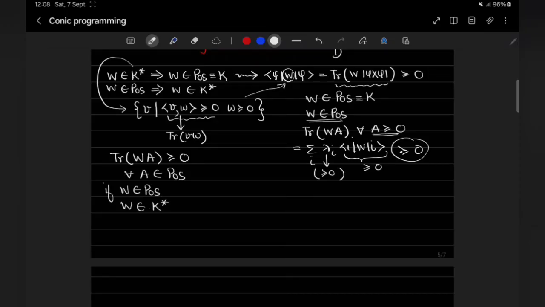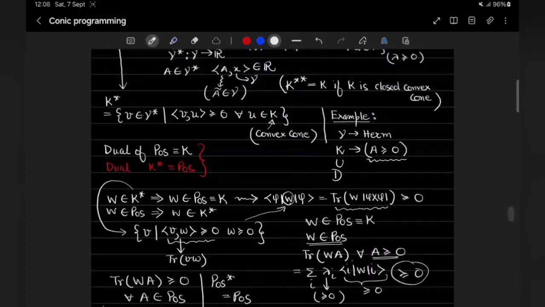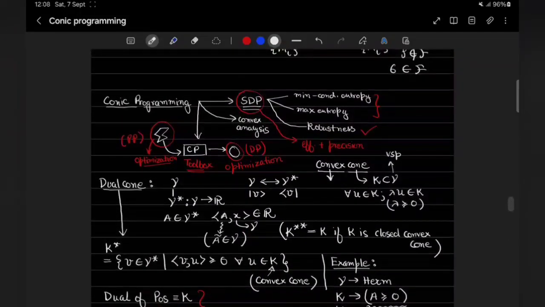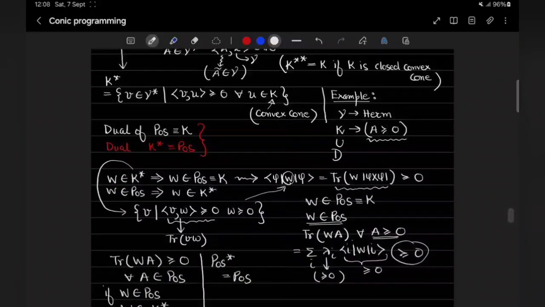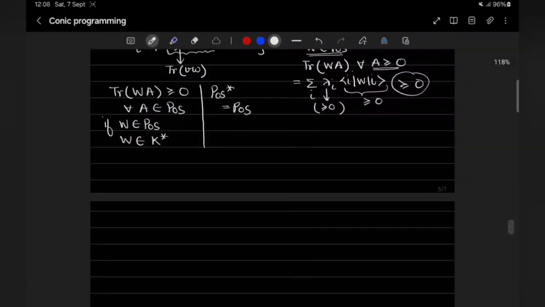So both sets are contained in each other, and hence the dual of POS is POS. With this I stop this video. I am going to divide this discussion into small sections. In the next video I will talk about the primal and the dual problem.